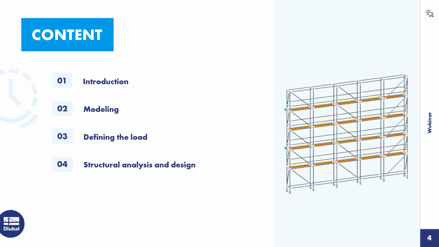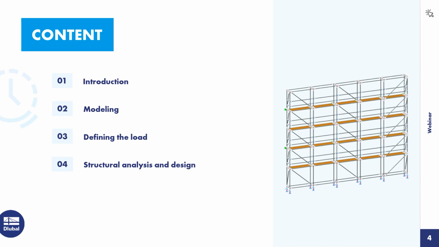In the next step, the loads, imperfections, and the required load combinations are created. The load combinations are based on user-defined action combinations. To keep the number of combinations as low as possible, I will explain how to define dependencies between load cases so that certain load cases are not considered together. Finally, I will introduce the design using the Aluminum Design add-on and explain the most important steps and settings.